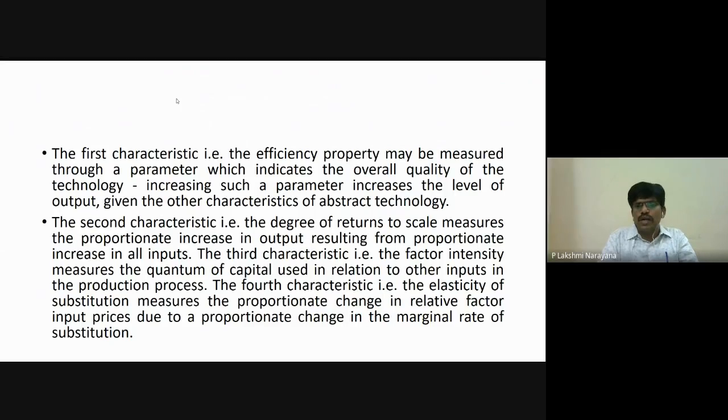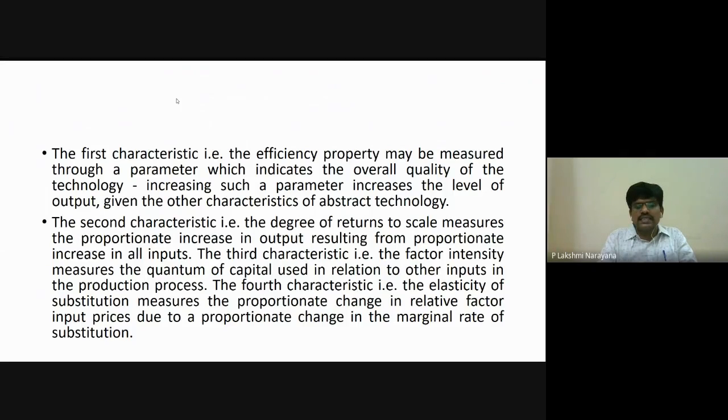Increasing such a parameter increases the level of output, given the other characteristics of abstract technology.